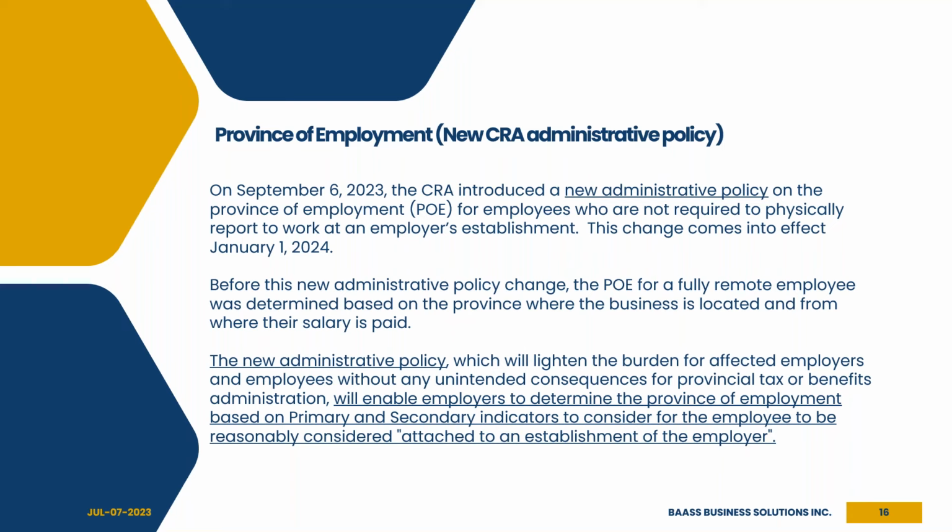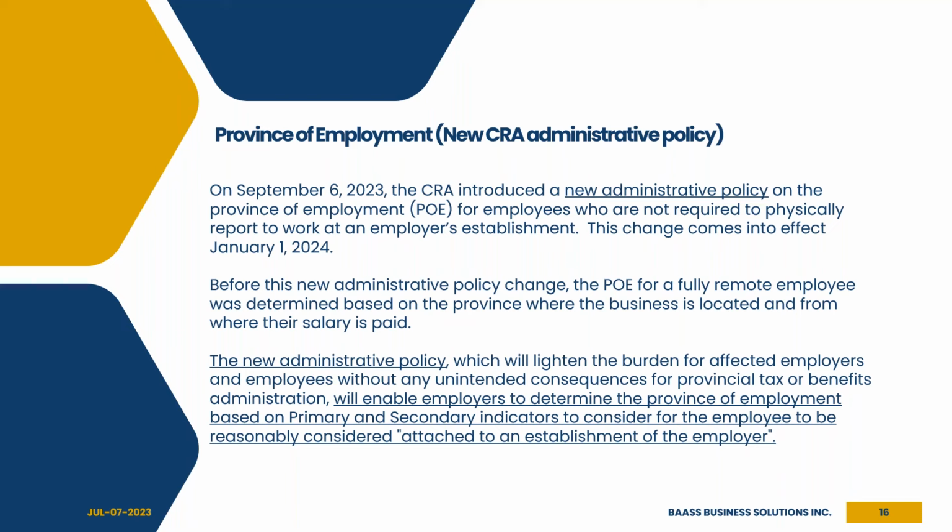So in the past, it was always based on where the employee reported to work. And if the employee did not report to work because they were a remote worker, it was always based off of the province of where the employer was and where they were being paid from.